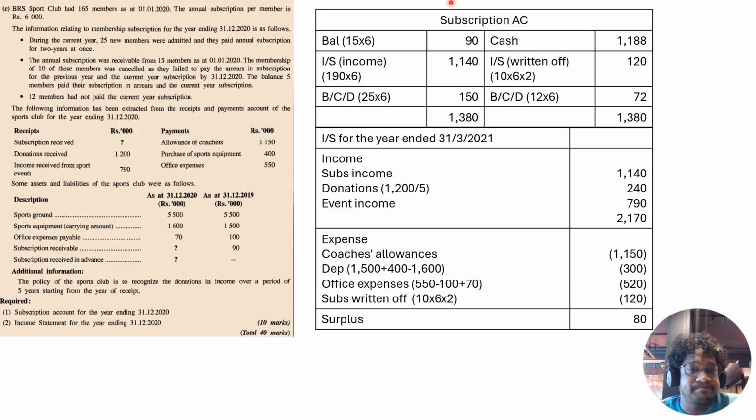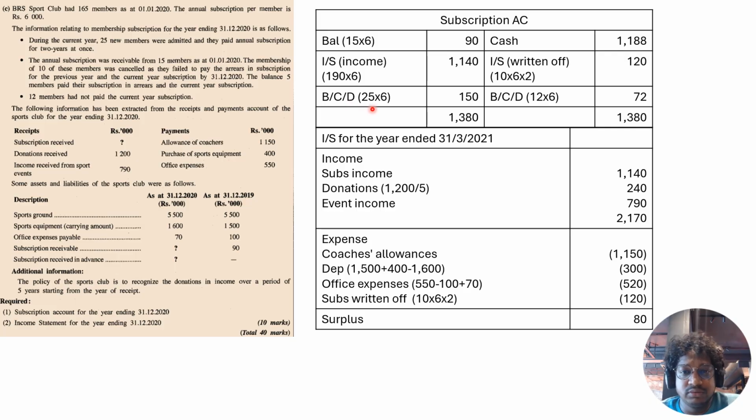And initially it says that they recruited 25 new members, and at admission they paid the annual subscription for 2 years. 1 year for this year, and they pay an extra year, right? So that extra income received in advance, you have to identify it as subscription received in advance, in the debit side as balance carried down.